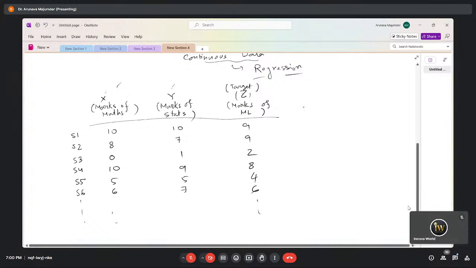Let us suppose 10 is the full marks of the exam, and this is the data set.